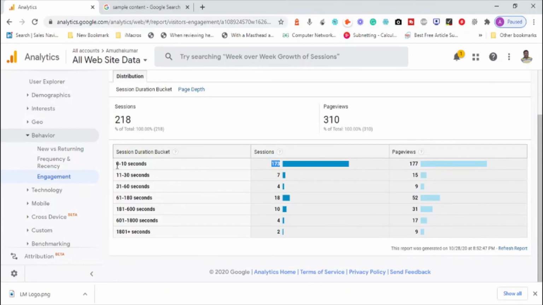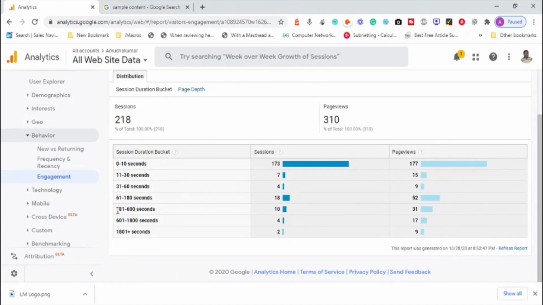They stayed on the website only 10 seconds, which means they visited and left. Now, there are 7 people who spent 11 to 30 seconds, 4 people who spent 31 to 60 seconds, and 18 people who spent around 61 to 180 seconds. Around 18 people have spent 2 minutes.